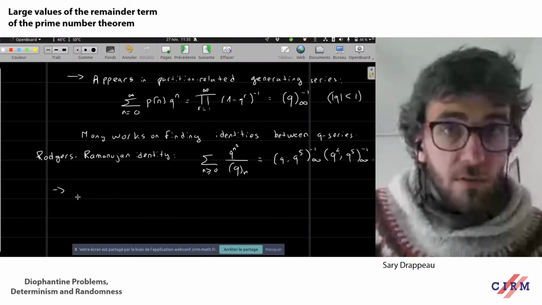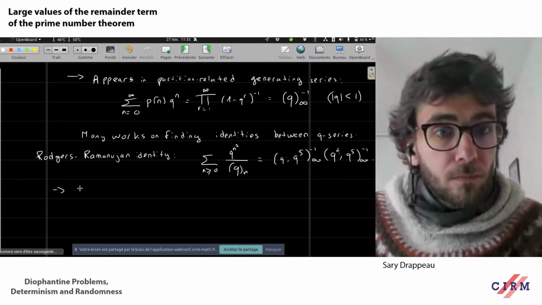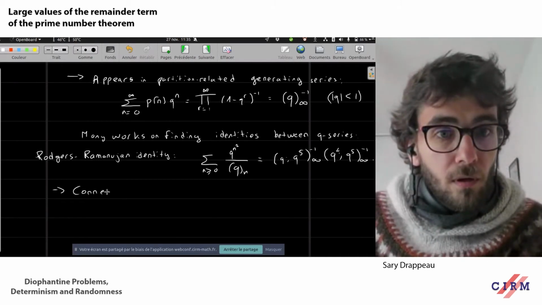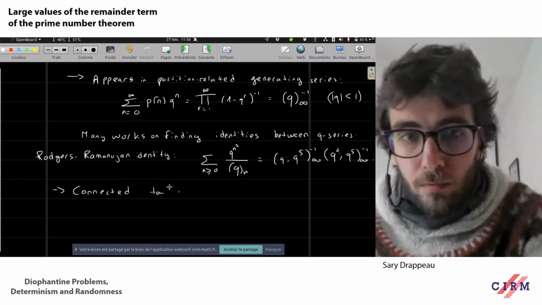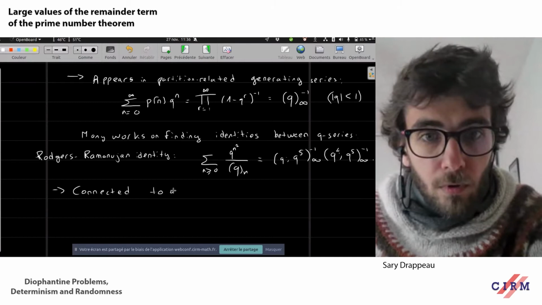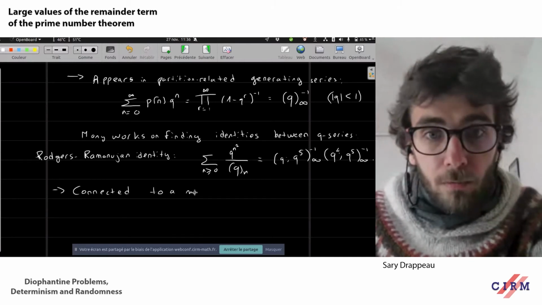Another interest is that it's connected to a particular modular form.